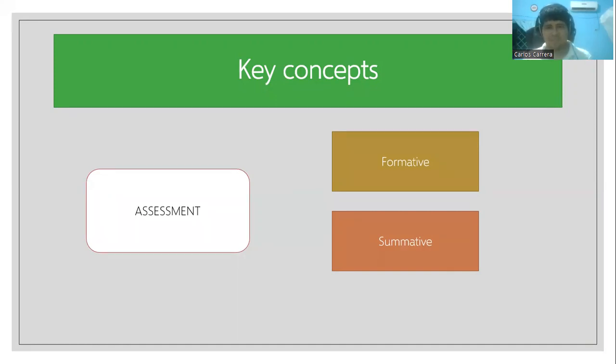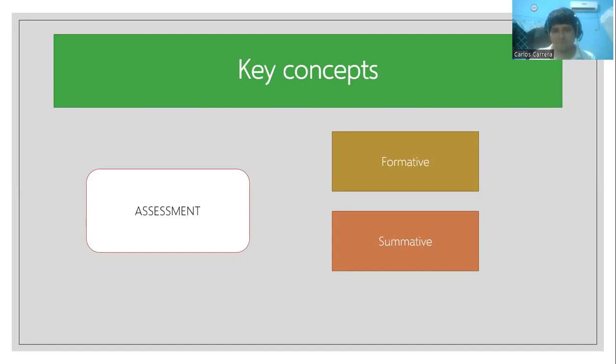Well, assessment is a process in which we monitor, evaluate, or check the student performance in his academic life. We can do it in many forms, but I took the two ways in which we can assess students.